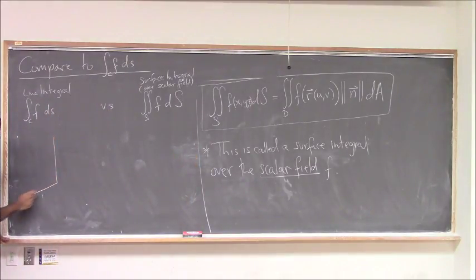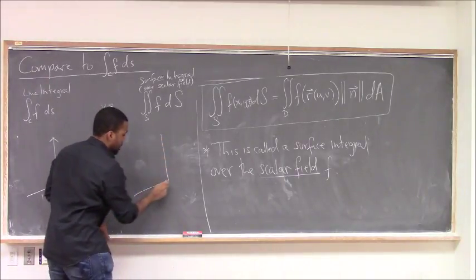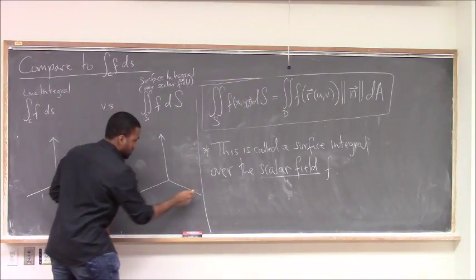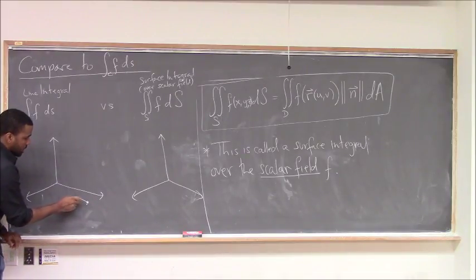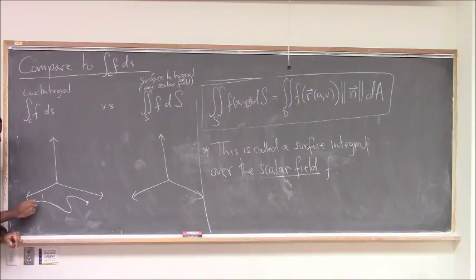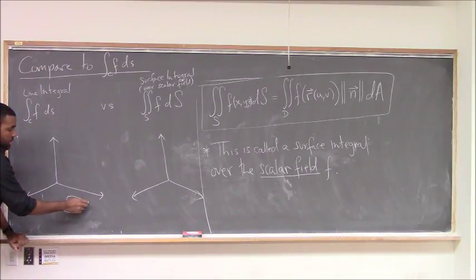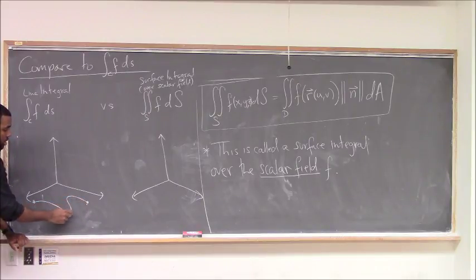So again, we can imagine something happening in 3 space here, something happening in 3 space here. So here there's a single integral, which means there's a curve that we care about. So there's a curve living in perhaps the xy plane, doing its thing here. And for each point xy on this curve, f gives you the height of that curve.